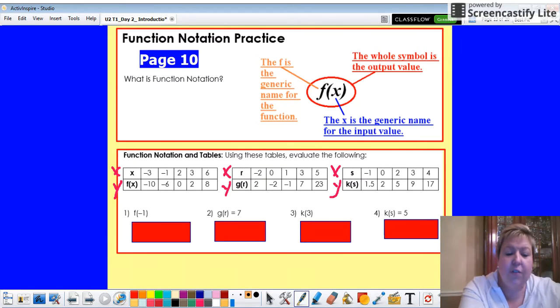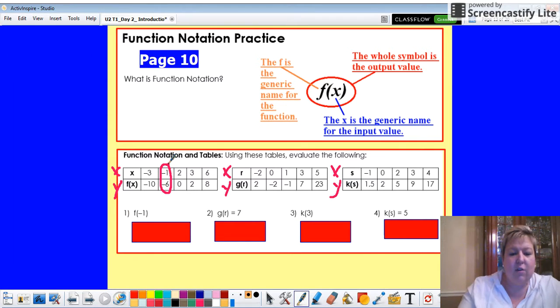Okay? So f of -1, how do I go ahead and solve that? That's telling me, remember that value when x is -1. So I'm going to come up here to the x and f of x, that first table, and I'm going to take a look. Where is x -1? So I come to the x value, I look at the -1, and I'm just going to circle it here so you can see this.